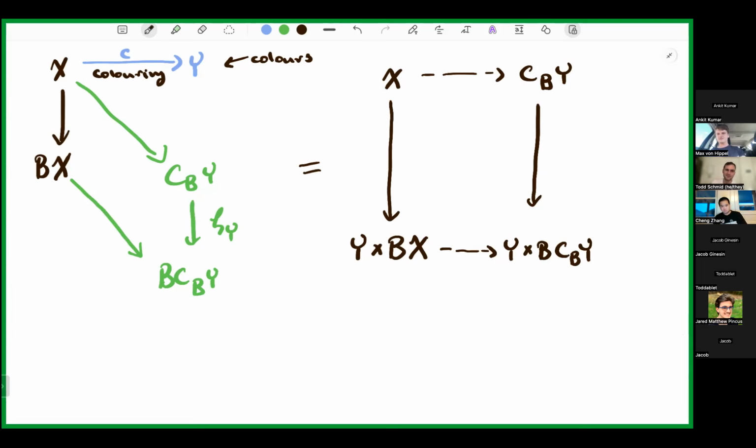I should also draw in this arrow here. Each coterm in the co-free coalgebra on Y colors has a color, the color of the root. So I've said that the co-free coalgebra is really a final coalgebra.